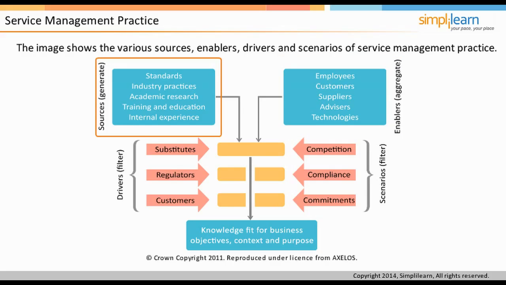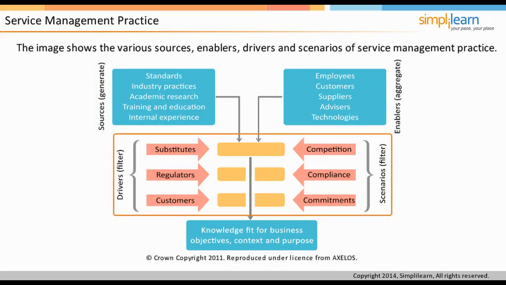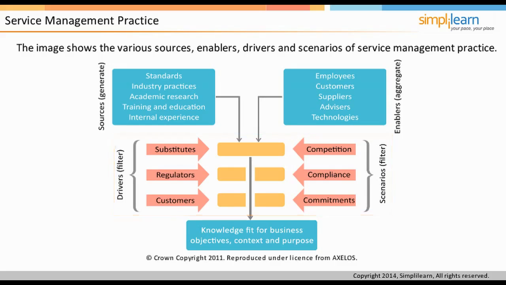In addition to the sources and enablers, there are several drivers and scenarios that help decide which service management practice should be chosen. Laws such as Sarbanes-Oxley influence the way businesses operate. Competition may also shape the way a business functions. That is because the business needs to stay competitive for its survival in the market. The customers of the business will want the organizations to operate in alignment with their needs.